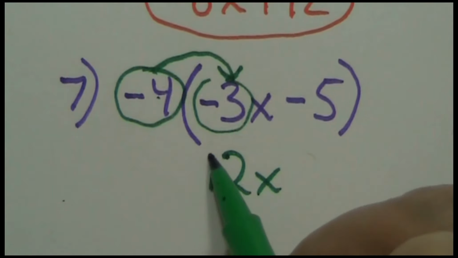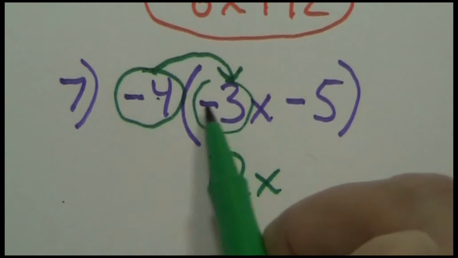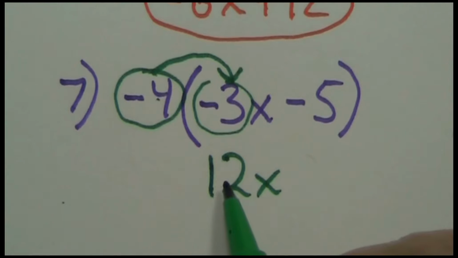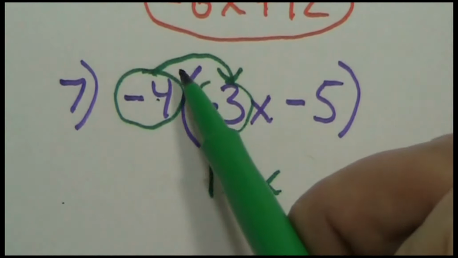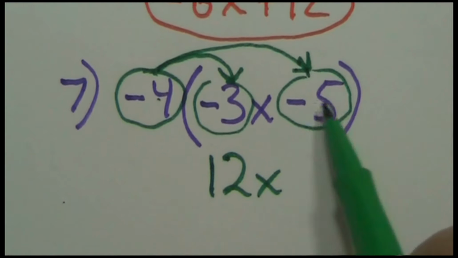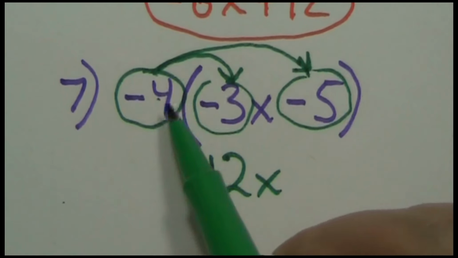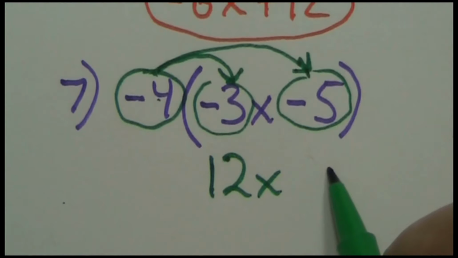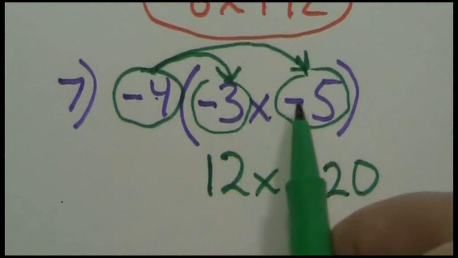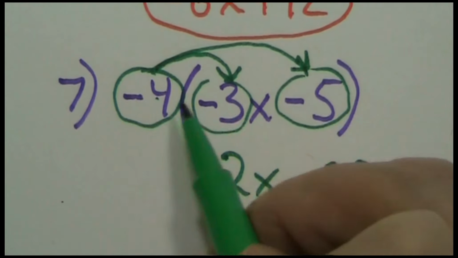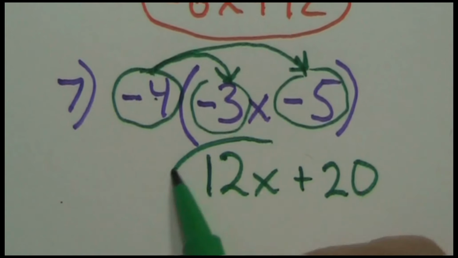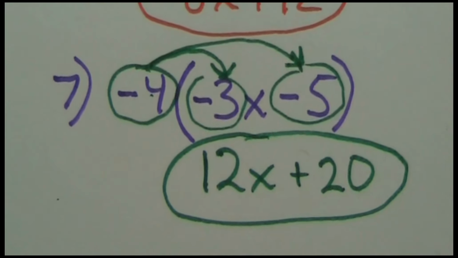So it's 12x, and then I have 2 negatives. When multiplying, 2 negatives cancel. So it's positive 12x. Now I have -4 times, and this is -5. 4 times 5 is 20, and 2 negatives cancel when multiplying. I'm multiplying 2 negative numbers together. So it's a plus. And that's all you can do.